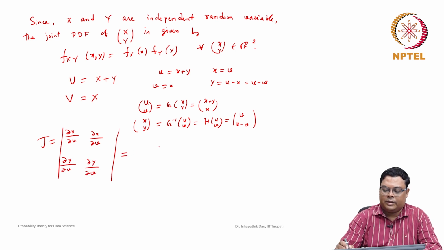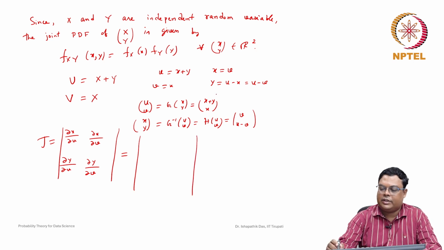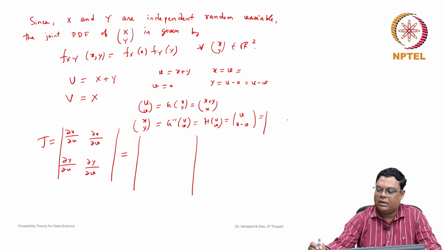Then for this transformation we found, what will be those values? Because x is equal to v, this is the component vector: h1 of (u, v) and h2 of (u, v). So h1 of (u, v) is a function of v only.